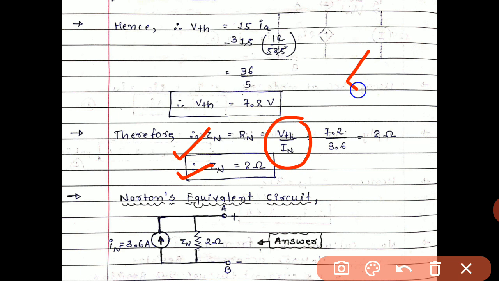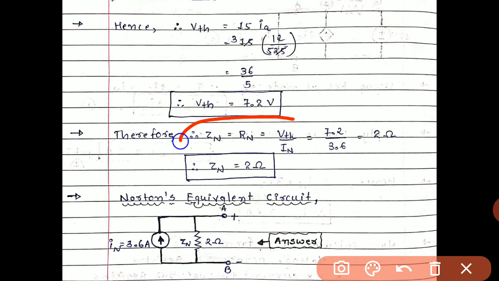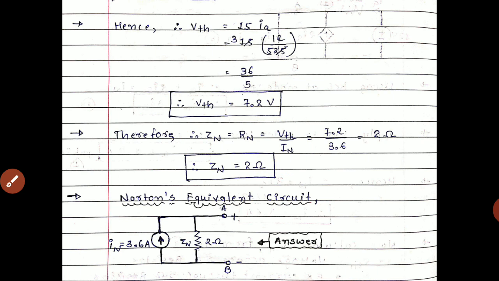Because here one dependent source is given. In examples number 1 and 2 we could calculate ZN directly from the load side, but here we cannot follow that process because a dependent source is given. That's why we apply this equation, and we get ZN equal to 2 ohm.